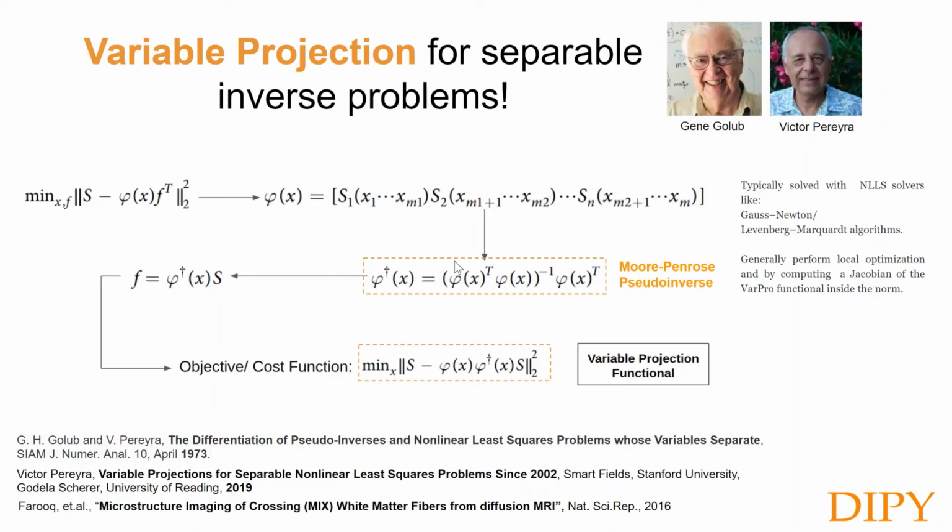So this is a very nice trick, and the general alternative to doing this is using Gauss-Newton type of optimization, like Levenberg-Marquardt algorithms. And what that does is basically compute a local Jacobian, and that Jacobian basically tells you which direction to go into, like is often done in SGD.